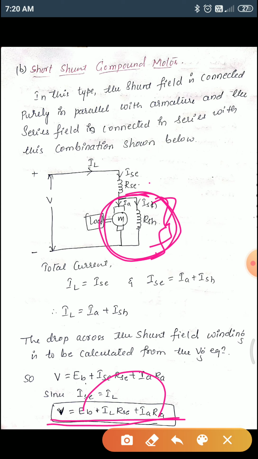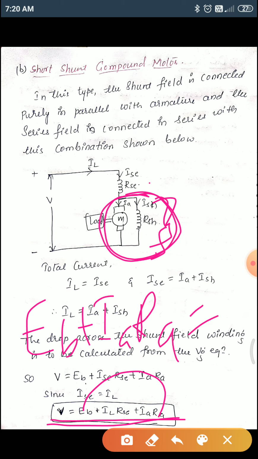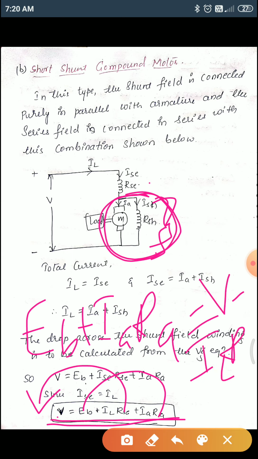So from this equation, can you write what EB plus IARA is equal to? Sending this term to this side, minus IL RSC, so EB plus IARA is nothing but V minus IL into RSC.